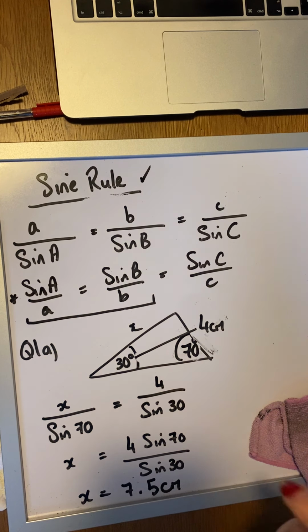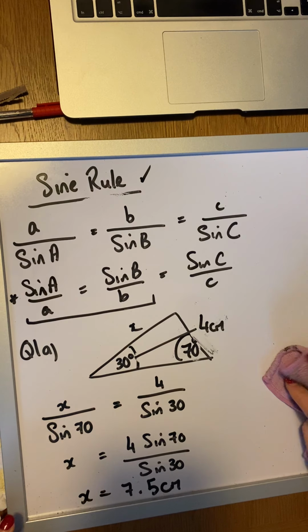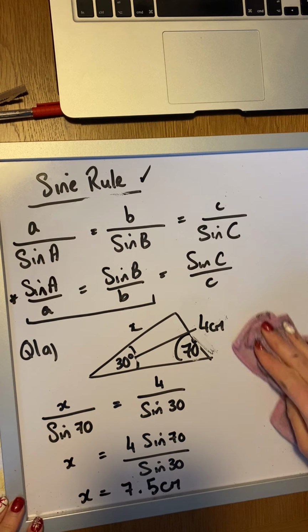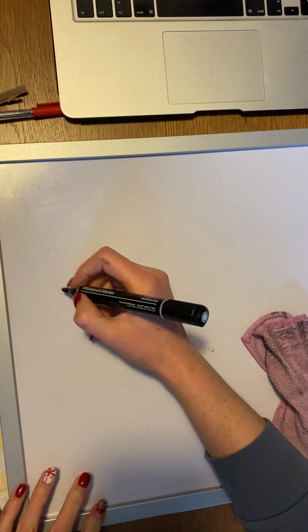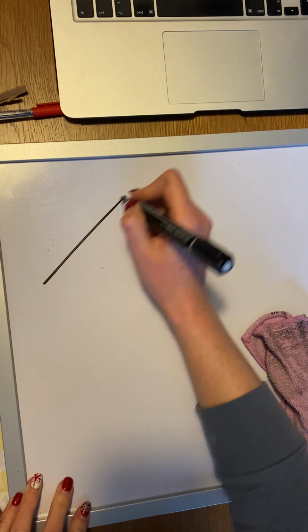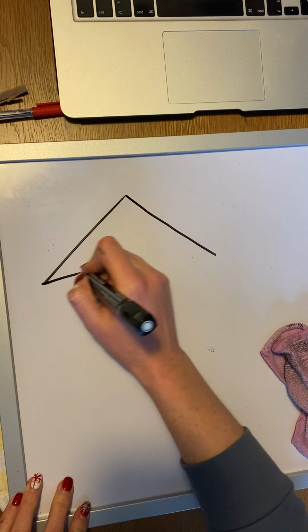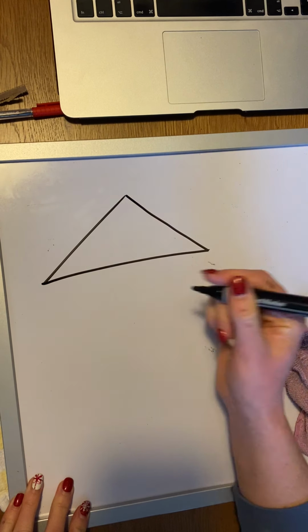All right, so those are 2 examples of where we can definitely use the sine rule. Let's look at this triangle now for a second. Remember, we can use the sine rule if we have an angle and a side directly opposite each other.